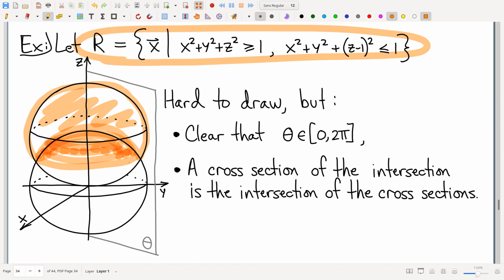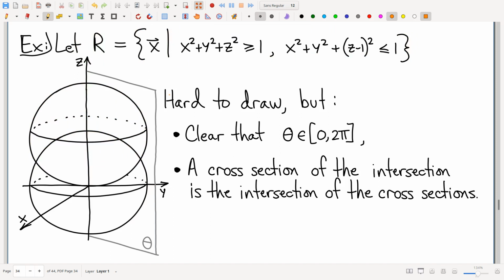Okay, and of course, we're going to have to take this hard-to-draw thing and think about how to take a slice of it, right? So here's what I think is the artistically important takeaway from this example.